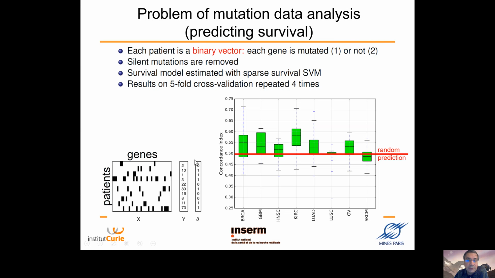And then you have an event vector, which is a binary vector, 0, 1. In this case, it represents the fact of survival or death. So if it's 1, it means that by month 10 after the beginning of the treatment, the corresponding patient unfortunately died.